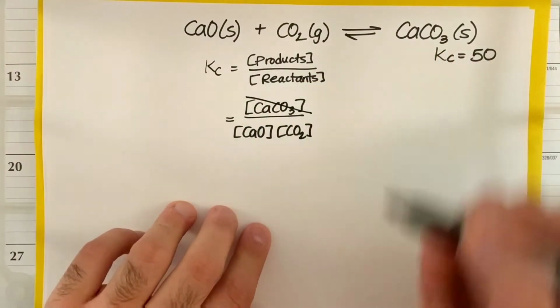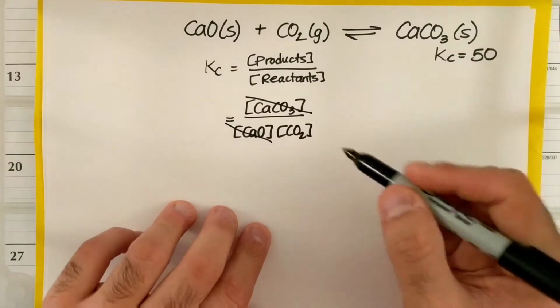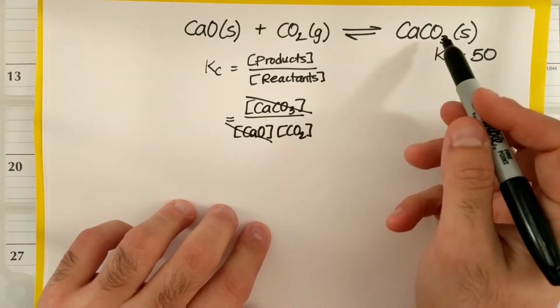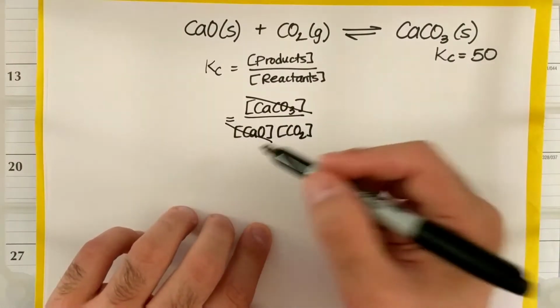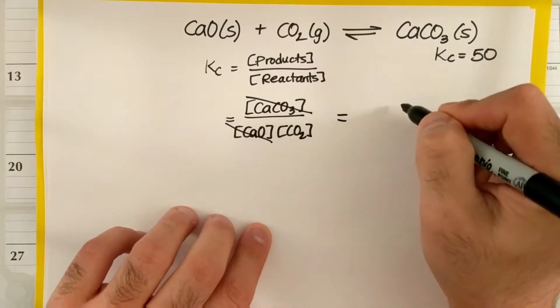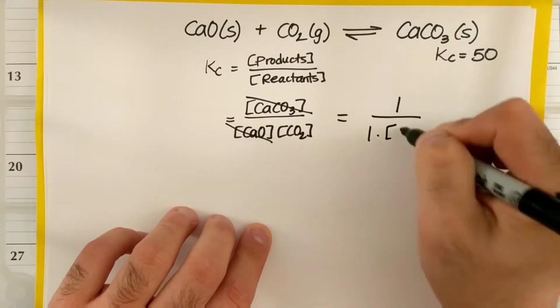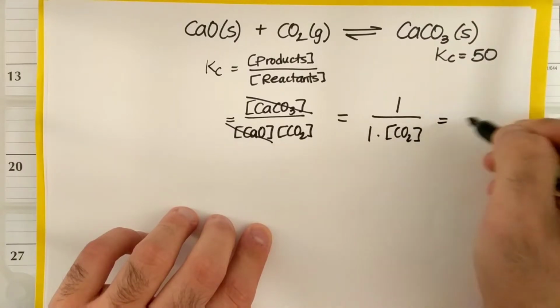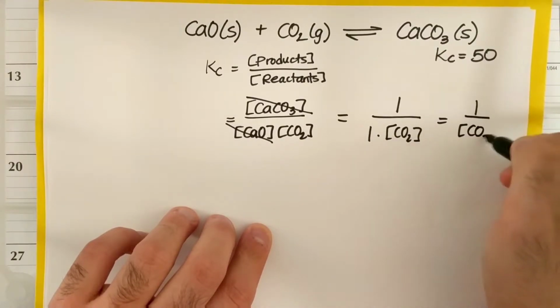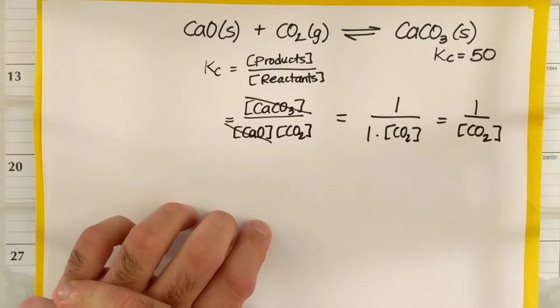However, I'm not including CaCO3 because it's a solid, and I'm not including CaO because it's also a solid. So really, I'm just going to write that as 1 over 1 times the concentration of CO2, which is just 1 over the concentration of CO2.